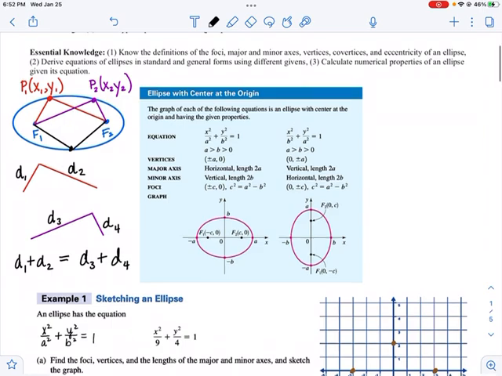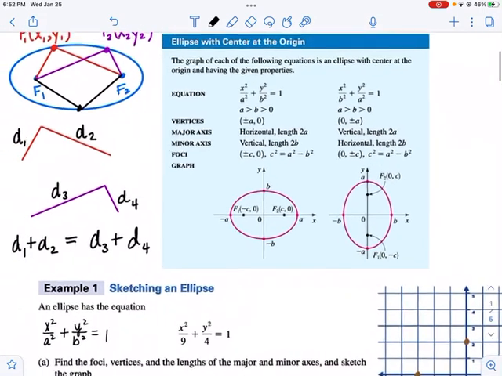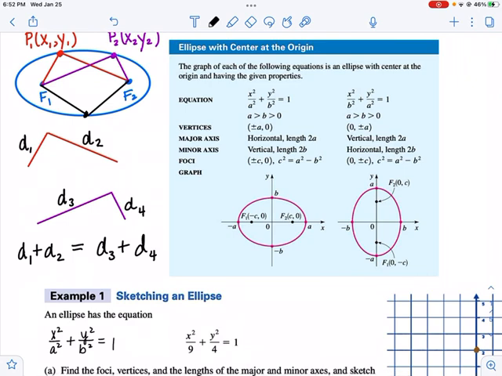Okay, so the graph of each of the following equations for an ellipse with center at the origin having the given properties: given the equation, it's of the form x squared over a squared plus y squared over b squared is equal to 1, with a greater than b in this case. So the major axis is going to be a horizontal axis, and the length is going to be 2a.